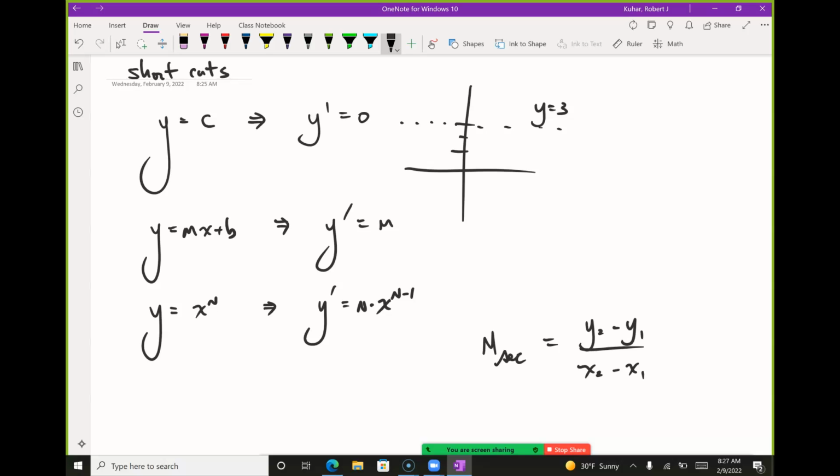By the way, you can definitely see that I'm reducing the power in the second one, right? It was x to the first degree to a constant. So why does it make sense that I'm reducing the power if you think about this secant line, the secant slope?